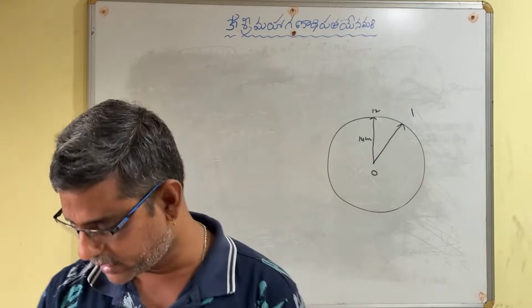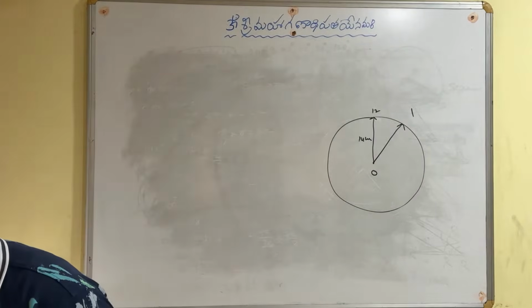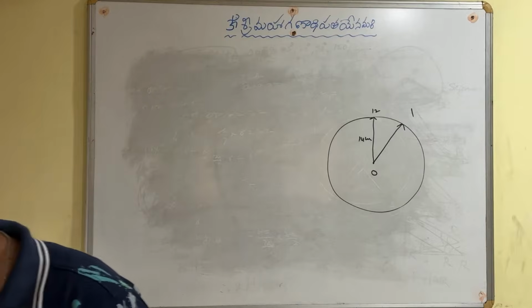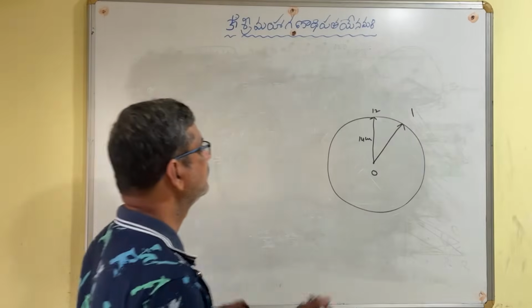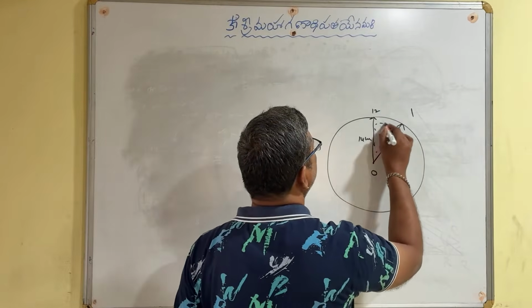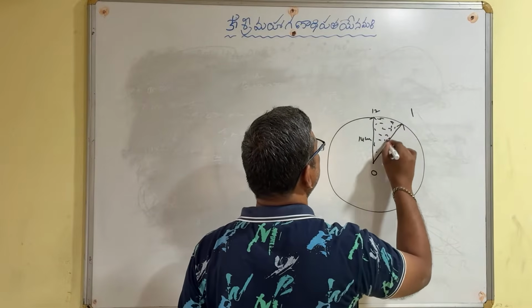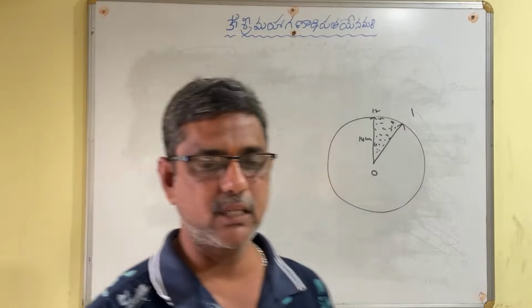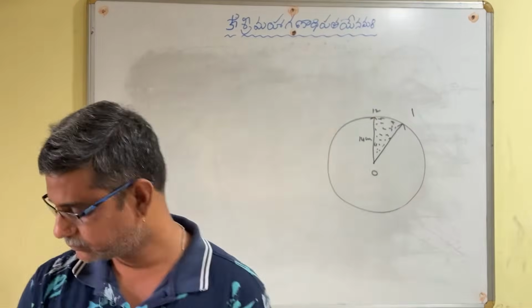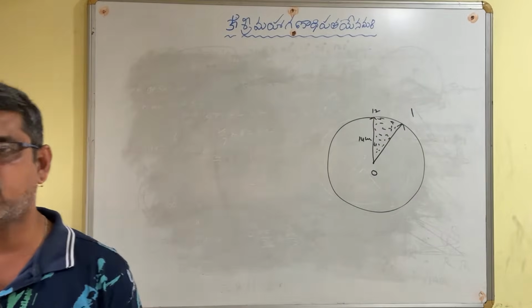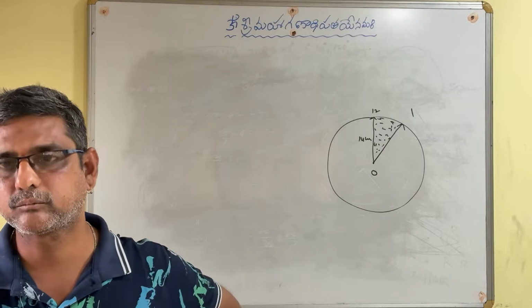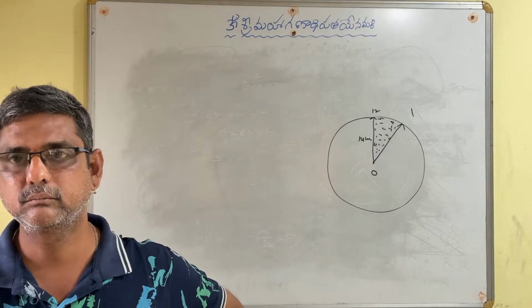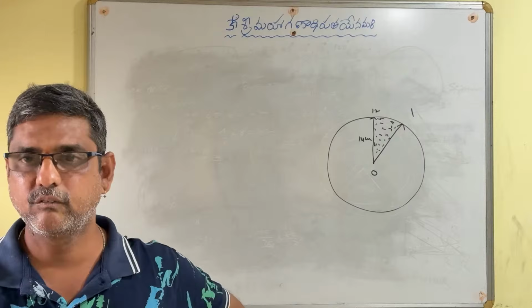And what is being asked? Find the area swept by the minute hand in 5 minutes. That means we need to find out this area. What to do now? Any idea, children? How can we find out that area? Very good.